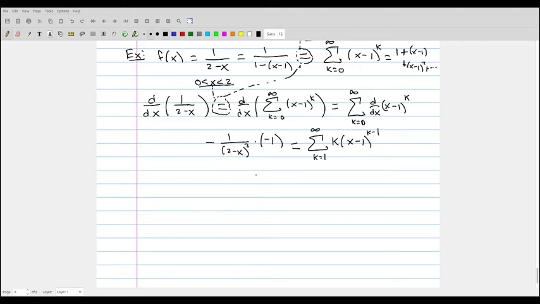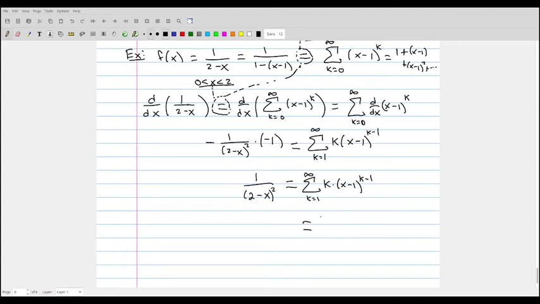So using this differentiation theorem for absolutely convergent power series, we've just shown that the function 1 over (2 minus x) squared is in fact equal to the summation from k equals 1 to infinity of k times (x minus 1) to the k minus 1.